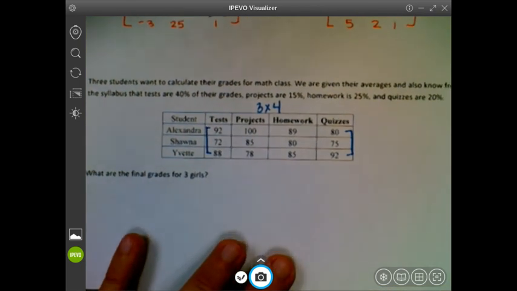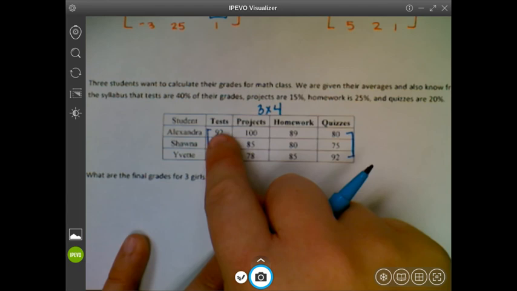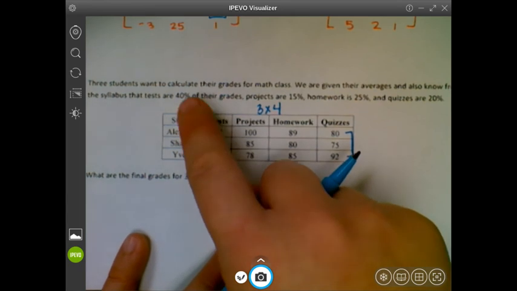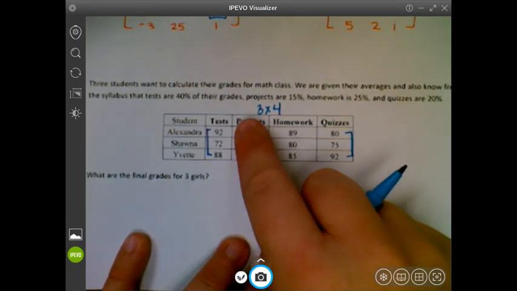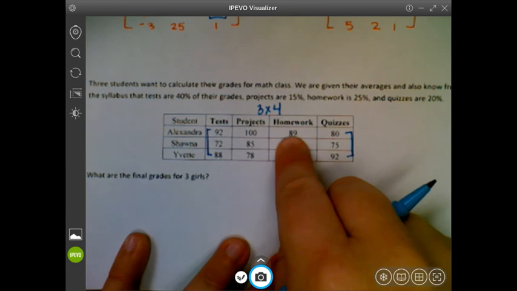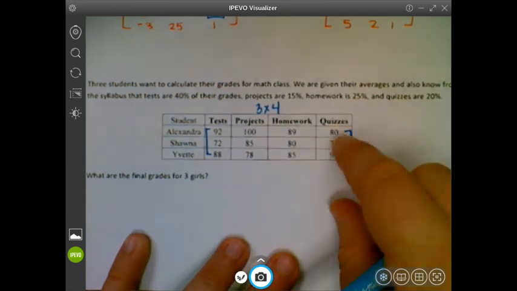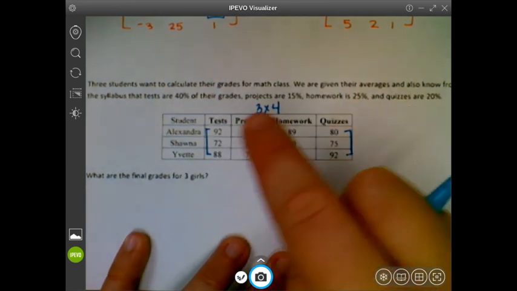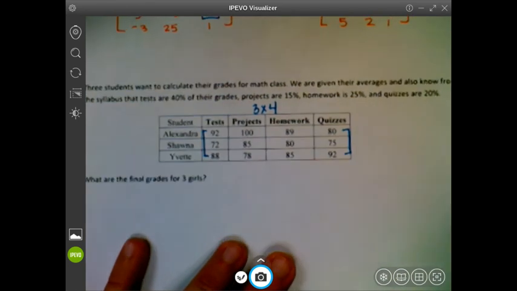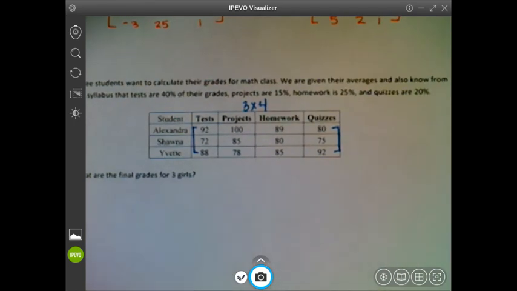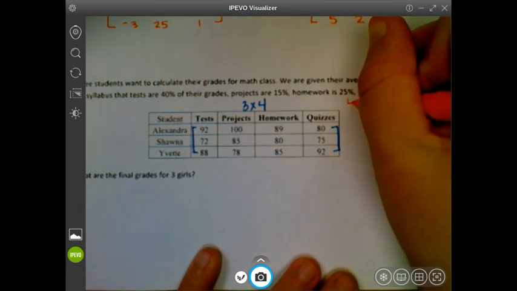So if you want to figure out the overall grade for one person, you do 90% times 40, and then 100 times 15%, and then 89 times 25%, and 80 times 20%, and then you add all those numbers up, which is matrix multiplication. So we're going to create a second matrix over here that has to be 4 by something. Why does it have to be 4?